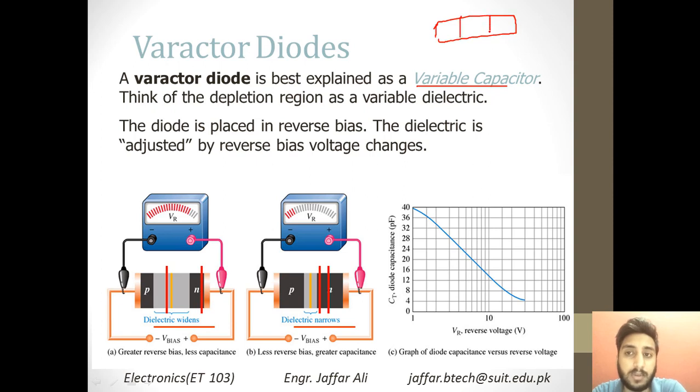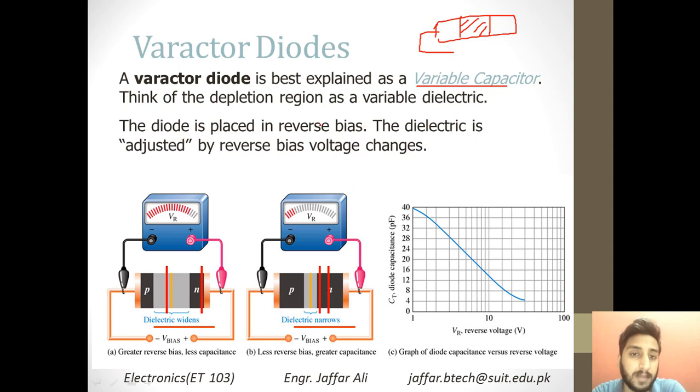If you have stored some charge in the depletion region, it means that this has turned into a capacitor, because a capacitor acts the same as a diode in terms of storing charge. So if you store a charge in a diode, it becomes a variable capacitor.